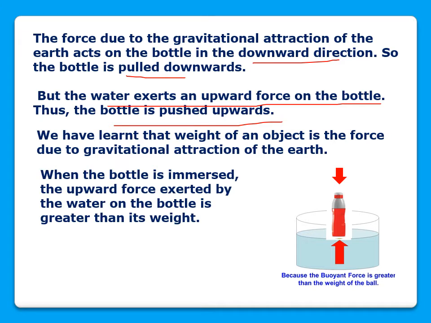So when the bottle is immersed, the upward force exerted by the water on the bottle is greater than its weight, and only then will it come upwards. If this force is not greater than the weight, the bottle will not come upward.